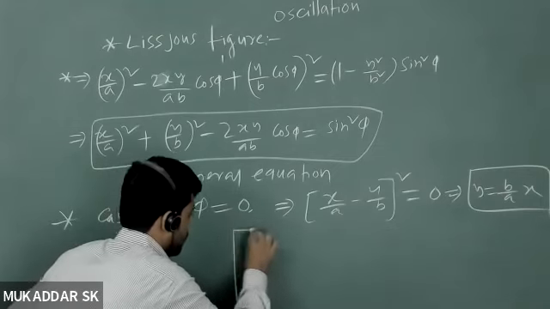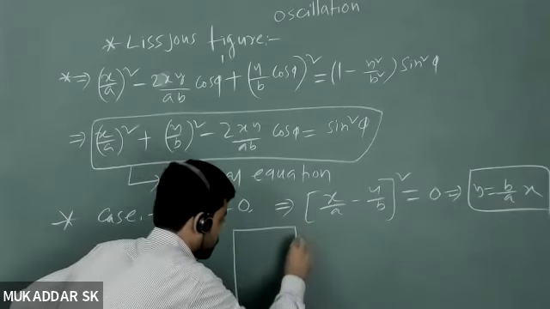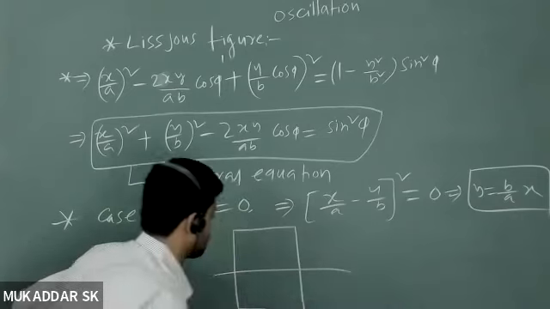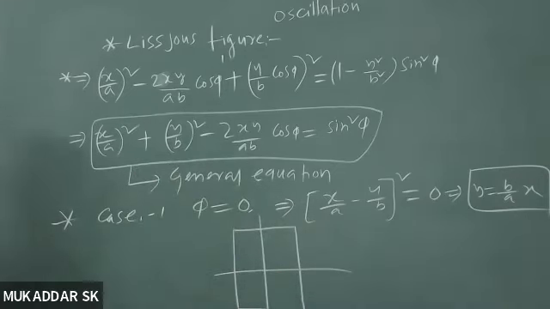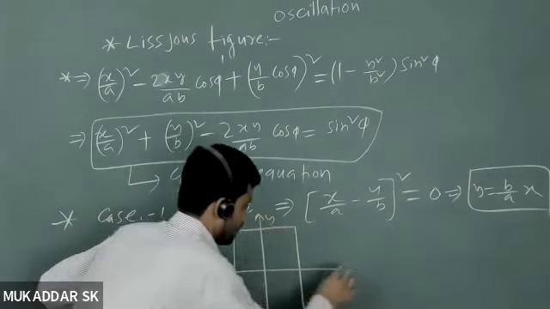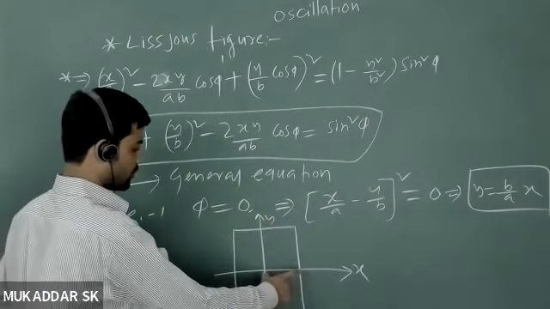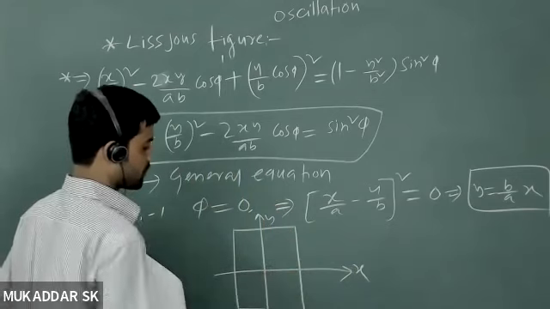So how will we represent this? Let us take, this is your y-axis, this is your x-axis. So this length will be how much? This is the amplitude of oscillation. So along the x-axis, what was your amplitude of oscillation?